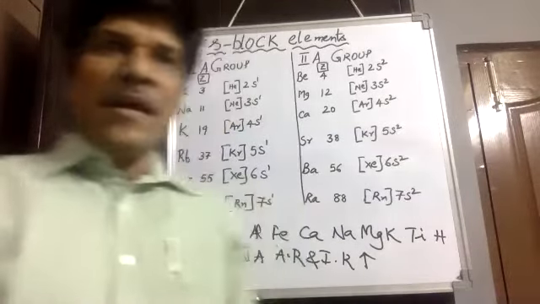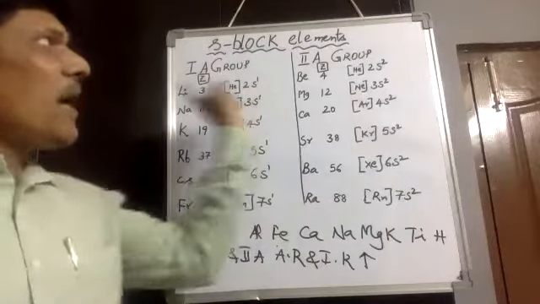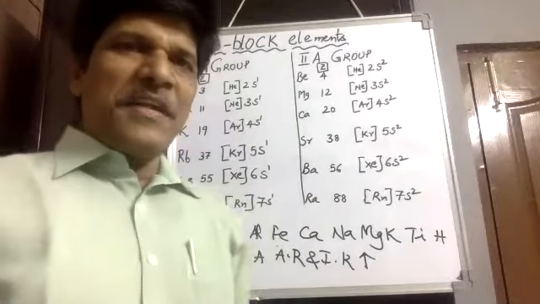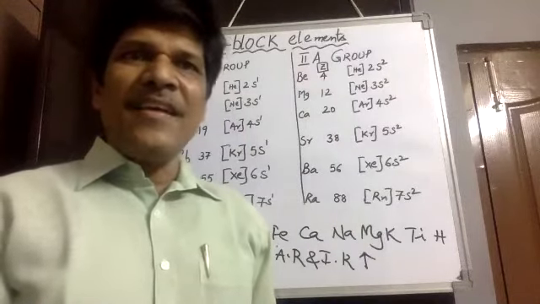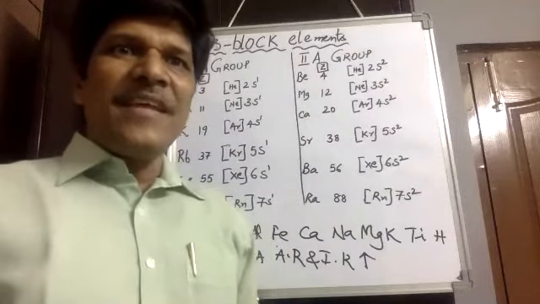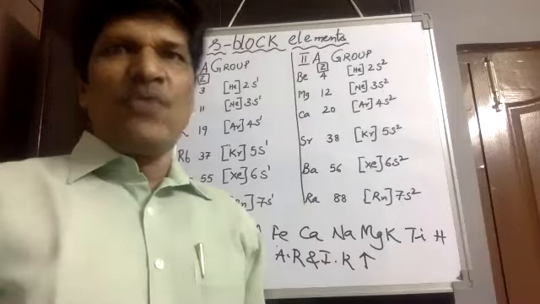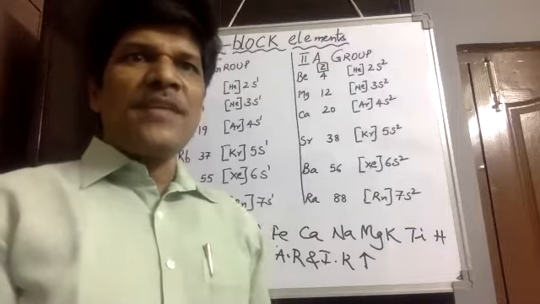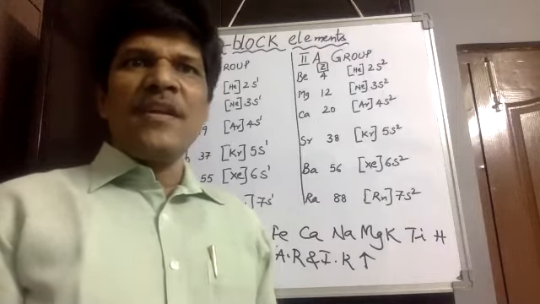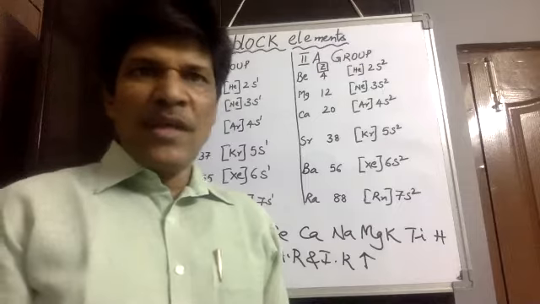Across the period, from 1A to 2A, atomic as well as ionic radii gradually decrease due to increase in nuclear charge.